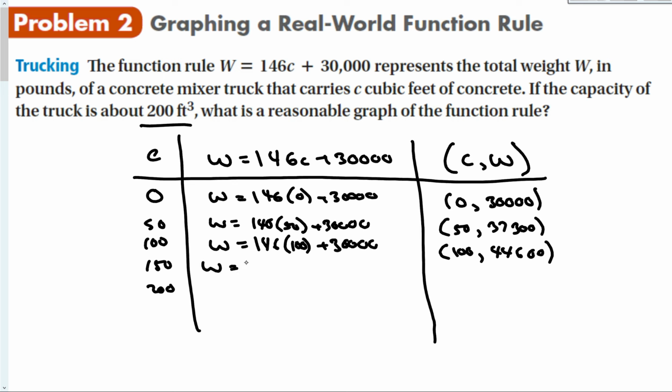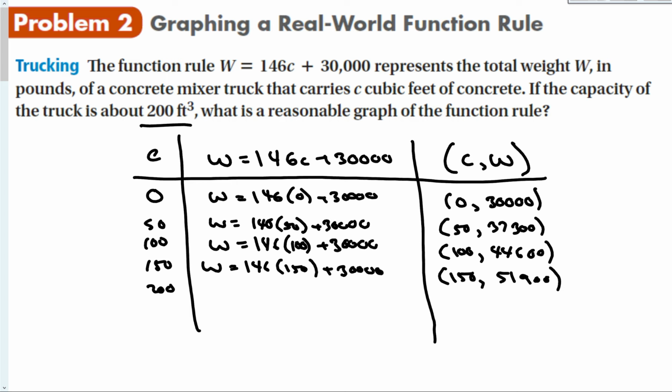Here we have 146 times 150 plus 30,000, and that gives me 150 and 51,900.